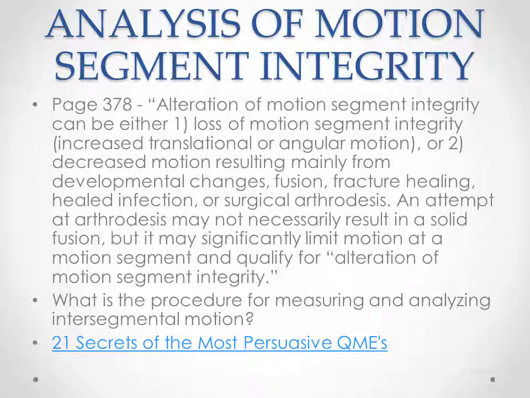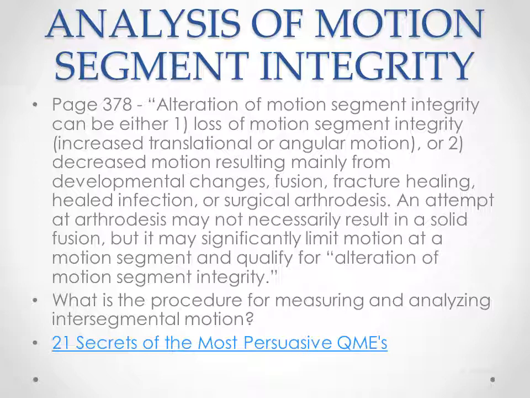According to the guides, we can have an alteration of motion segment integrity either from too much motion or too little motion. And it's my experience that in the course of doing QME examinations, most commonly we're going to encounter situations where there is decreased motion rather than increased motion.